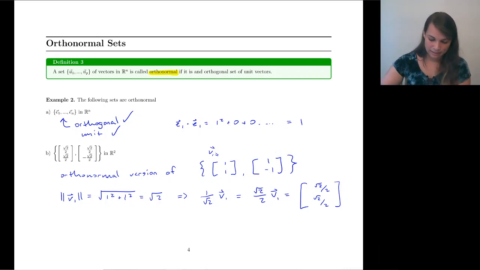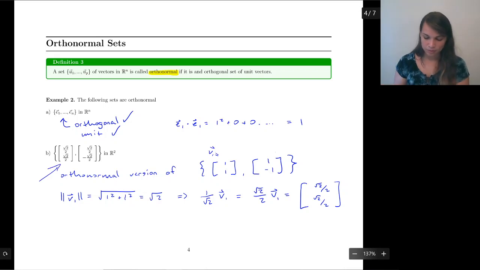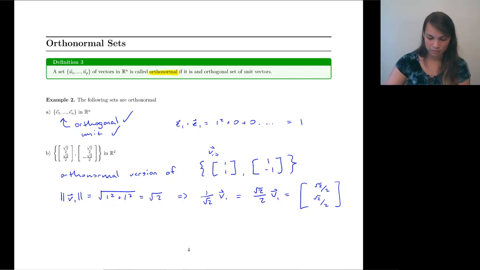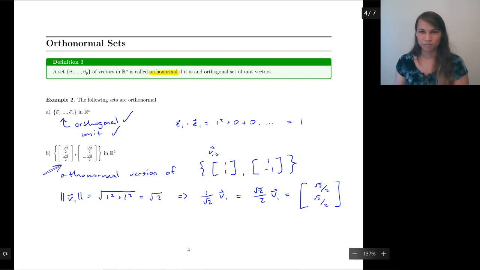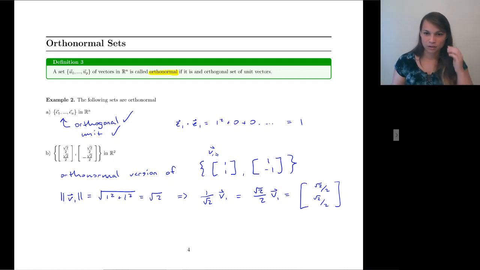So we will indeed get back to this guy. So yes, he has unit vectors, and we already talked about last time how these guys are orthogonal to each other. So just shortening the vectors, which is all normalizing is, is not going to screw up the fact that they're orthogonal. Okay, so those are our examples of orthonormal sets.